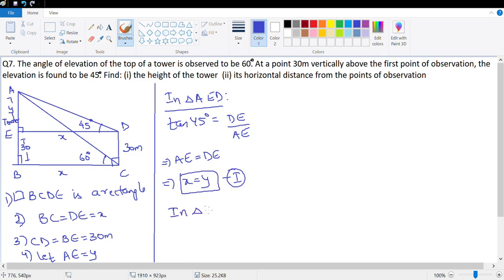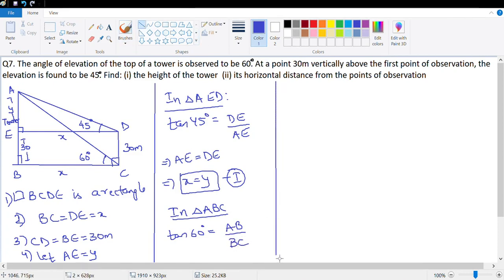So in triangle ABC, again we will have tan 60 degrees is equal to AB upon BC. Now AB is equal to Y plus 30, where AE is Y, which is equal to X. So tan 60 degrees is root 3, which is equal to 30 plus Y upon X.